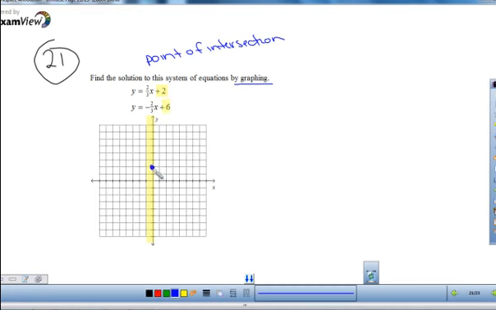That's my y-intercept. From there, I'm going to go up 2 to the right 3, and I can keep going up 2 to the right 3. Remember, when you draw these lines, you want to make them exact. So you want to use a straight edge. Otherwise, you're going to be off.